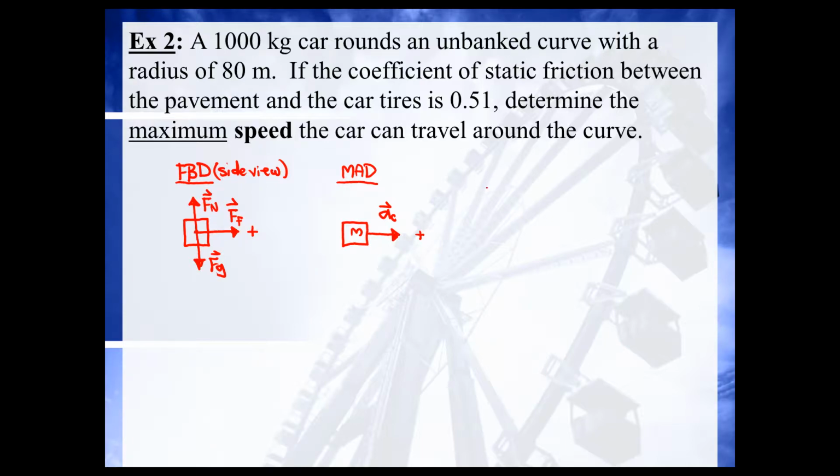Okay, so what we have here is two planes we can deal with, a vertical plane and a horizontal plane. I'm going to start in the vertical plane just to derive a really simple equation. Let's assume up is positive. I'm going to find the sum of the forces in the y direction. There is no acceleration in the y direction. That's equal to 0, which tells me my physics principle, which is that the forces are balanced.